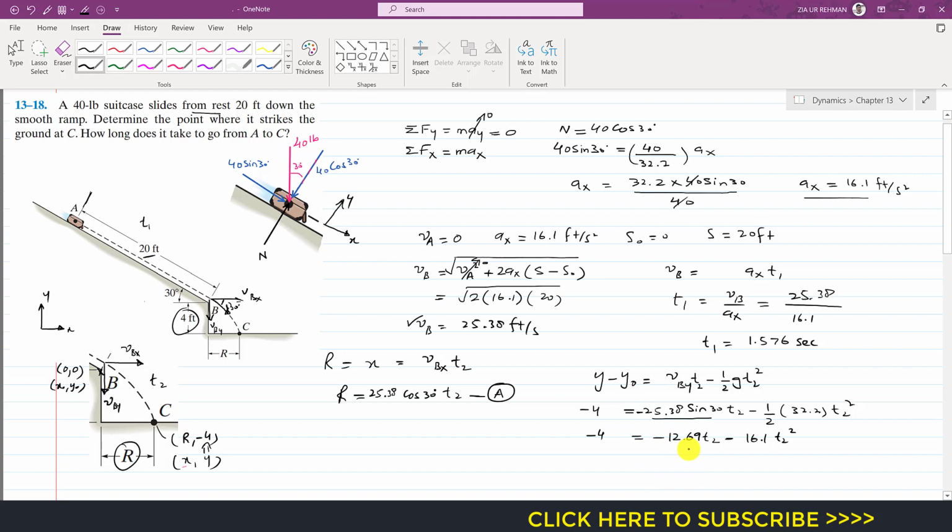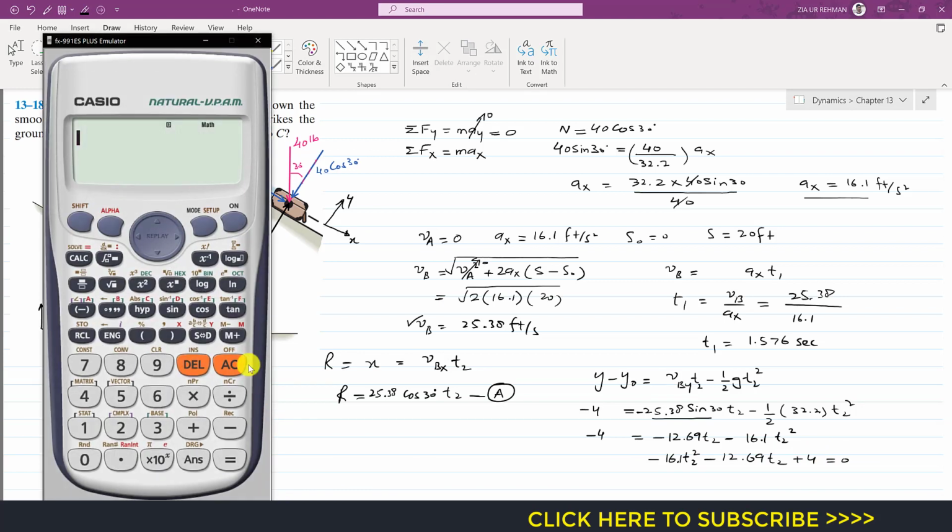Now if I bring this minus 4 to the other side and rearrange, we get minus 16.1 T2 squared minus 12.69 T2 plus 4 equal to 0. So this is a quadratic equation and we need to solve it.